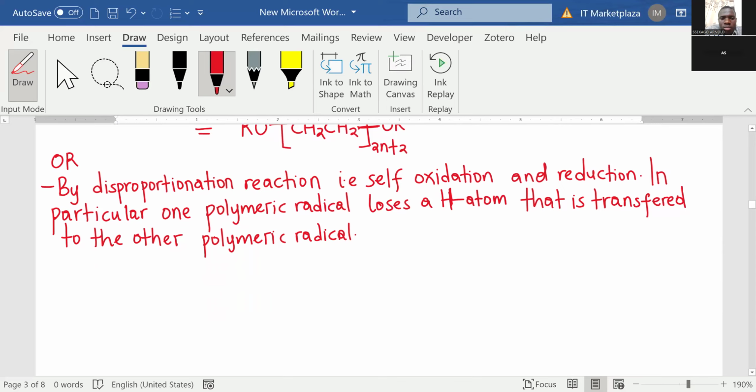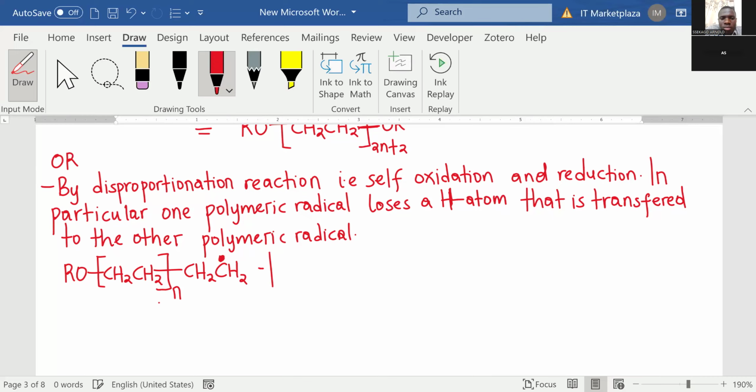So we refer to the radicals of propagation, because that's where we stop. From propagation, we form RO, CH2, CH2, N, CH2 with a dot.